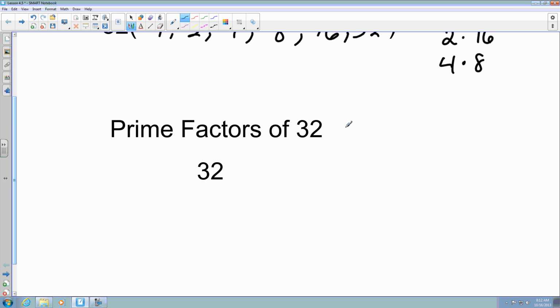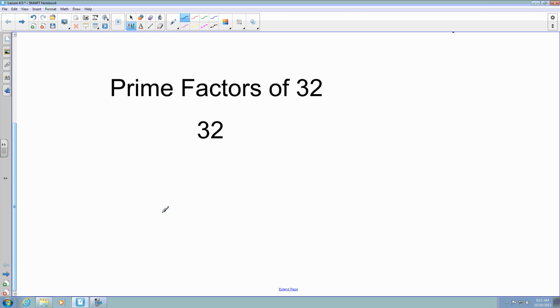If you're looking for the prime factors of 32, you have to use what is called the factor tree. The factor tree looks like this. You make a little branch off of 32, and you determine two values that multiply to get 32. I'm going to use 4 and 8.